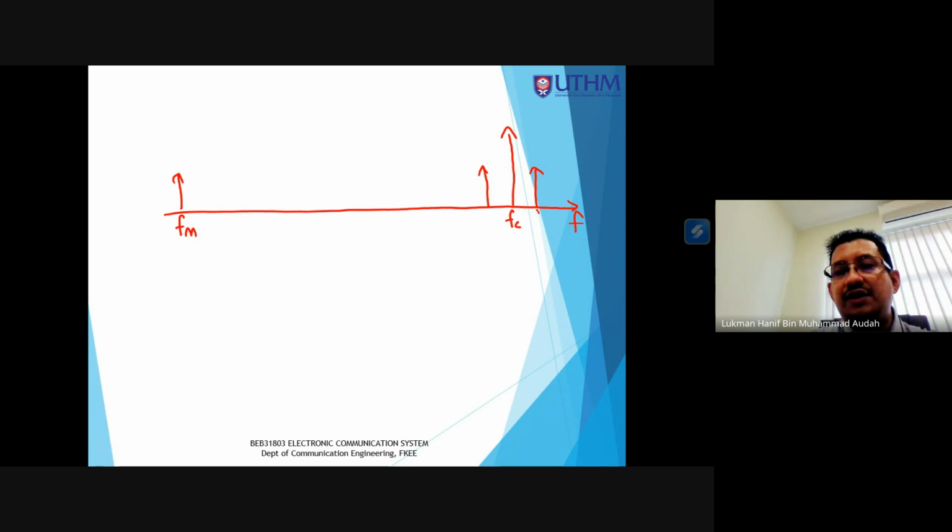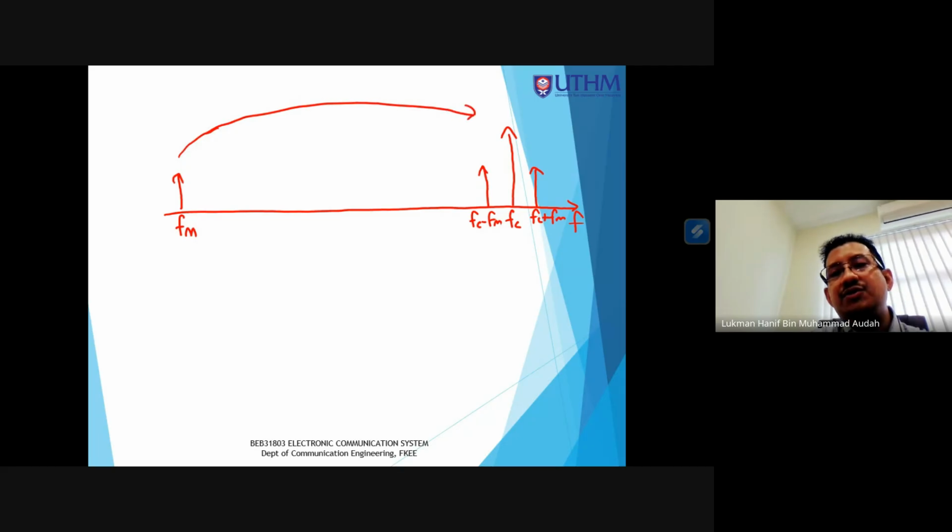So this is Fc plus Fm, and this is Fc minus Fm. Whenever we do the modulation process, we are translating a lower frequency to become high frequency. This happens at the transmitter side.